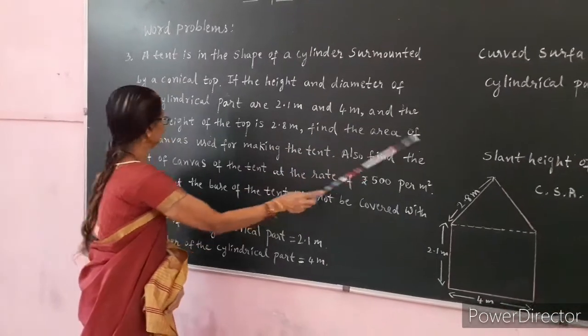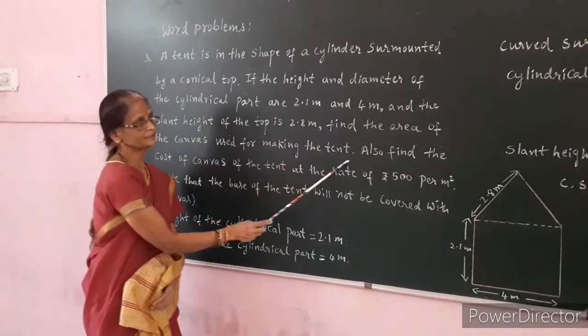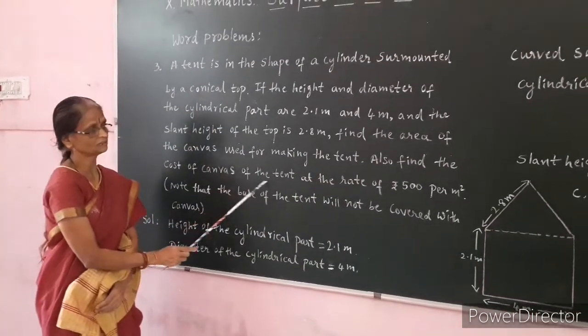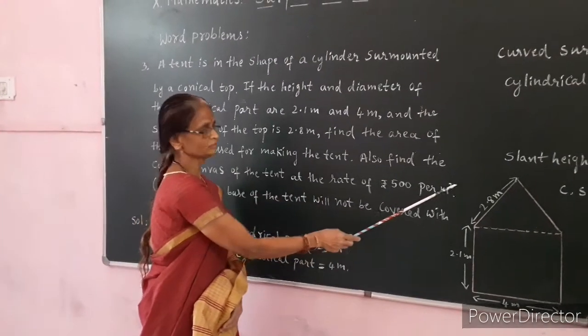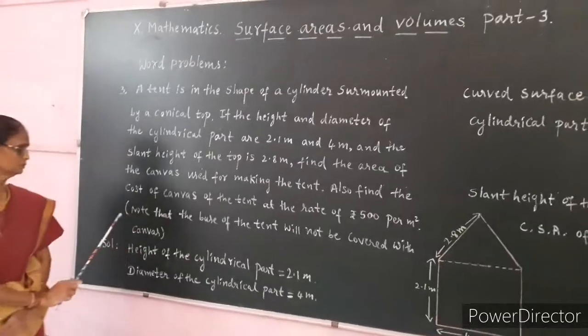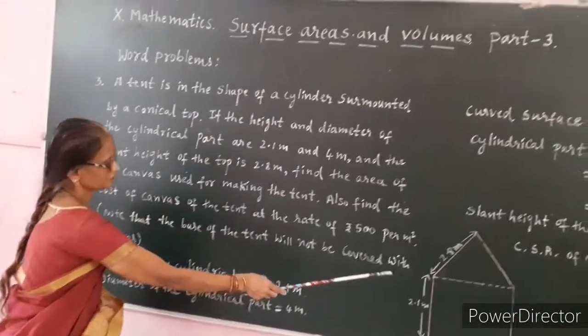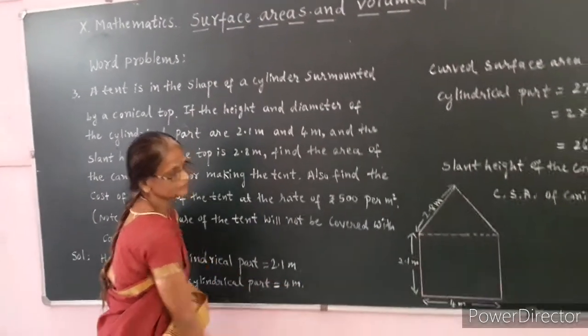Find the area of the canvas used for making the tent. Also find the cost of canvas of the tent at the rate of rupees 500 per meter square. Note that the base of the tent will not be covered with canvas. The base of the tent should not be covered with the canvas.